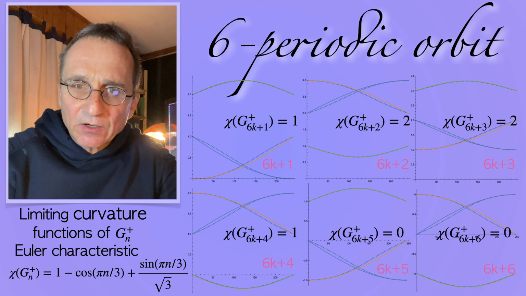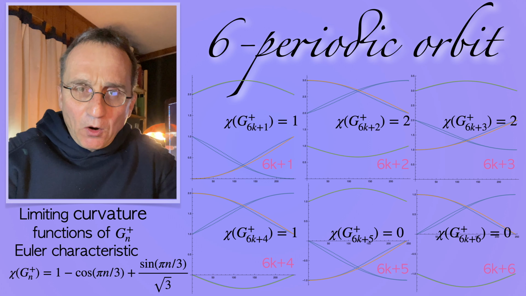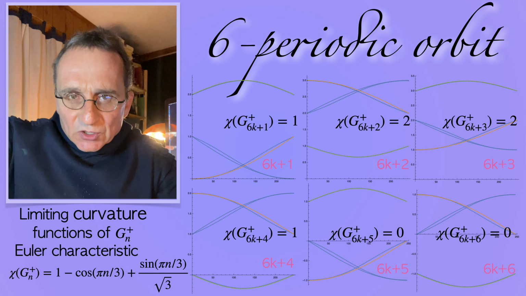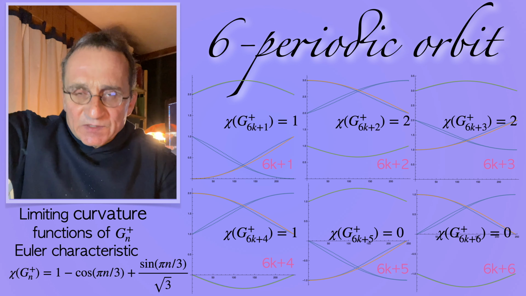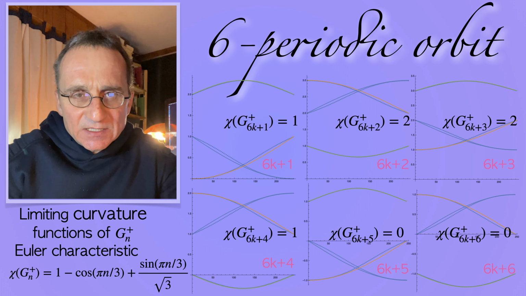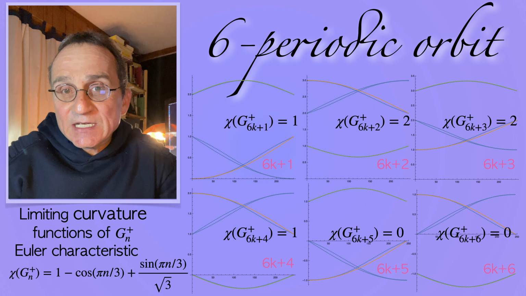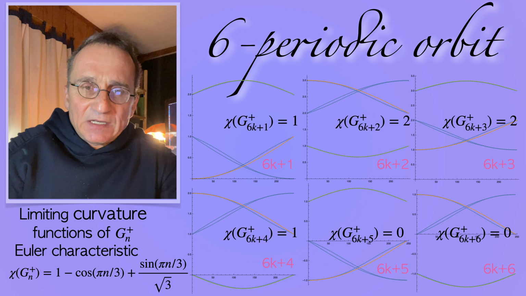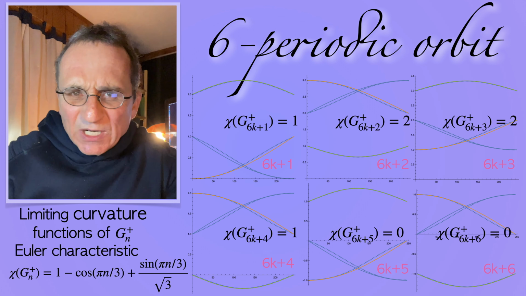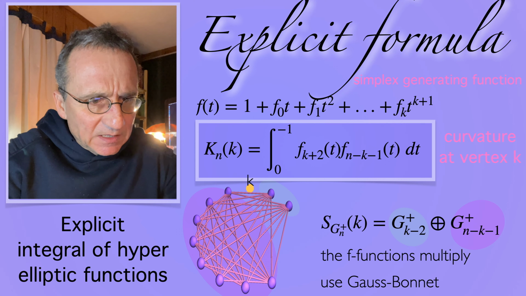So that's the 6 periodic orbit. It's very interesting, and it actually generalizes also to other Cayley graphs. As I've seen, there is a similar story like for the dihedral group, but it's still pretty much unexplored for most of the things.